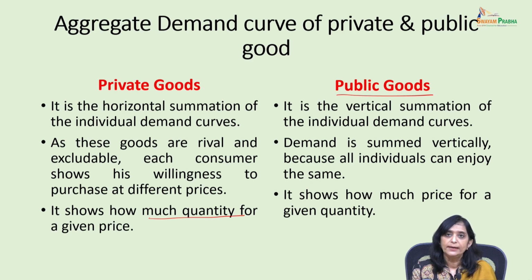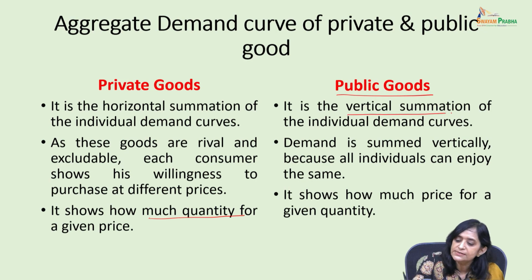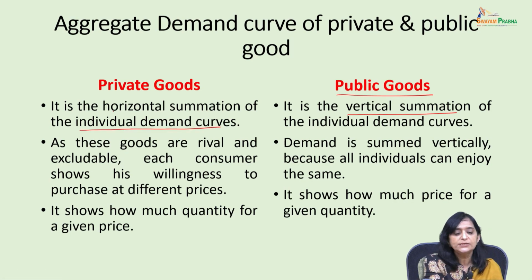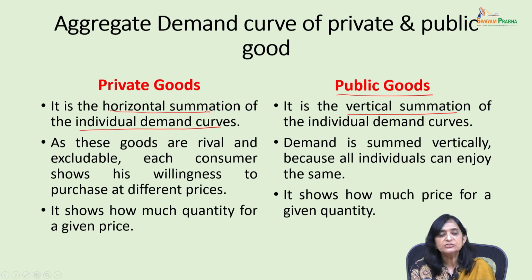This would mean that if we want to estimate the market demand of public goods, so that we know how much can be produced in the market, unlike private goods, here it is the vertical summation of the individual demand curves. Whereas in case of private goods, it was the horizontal summation. But in case of public goods, we will be adding the individual demand curves vertically.